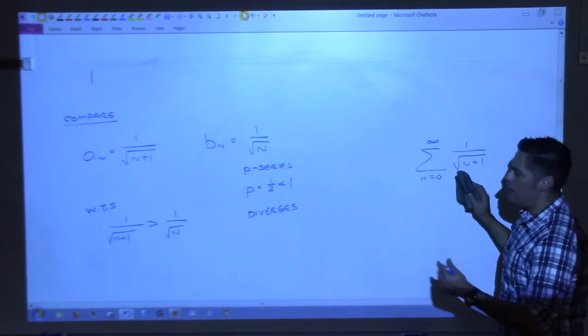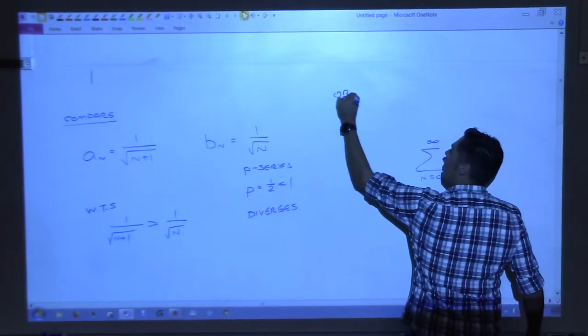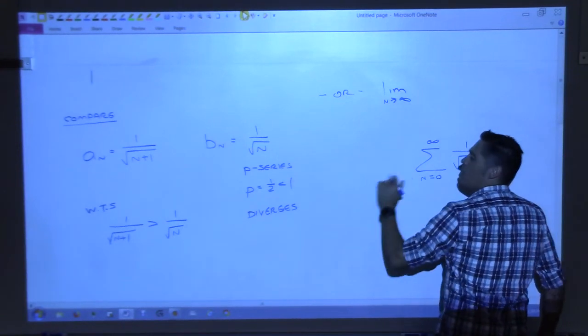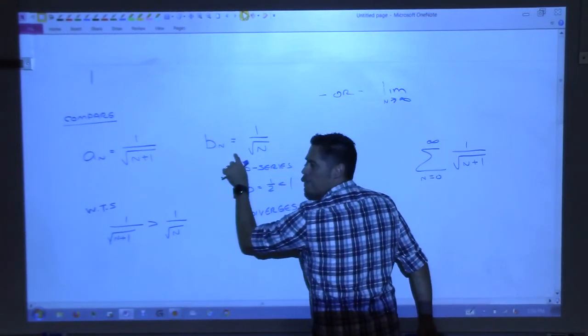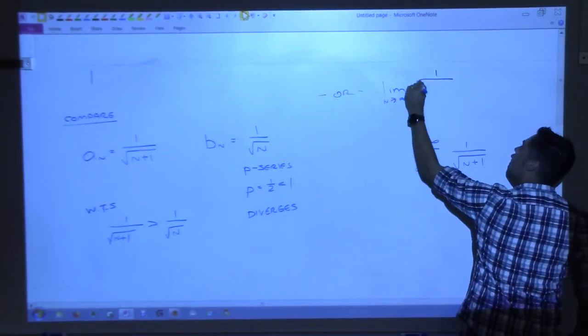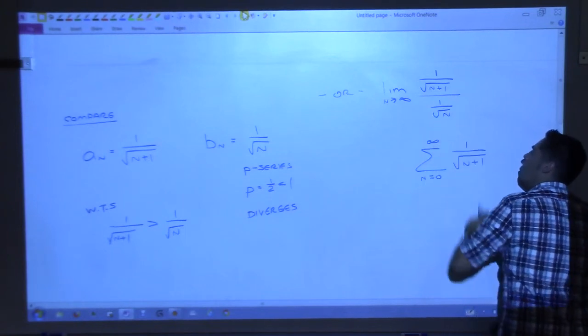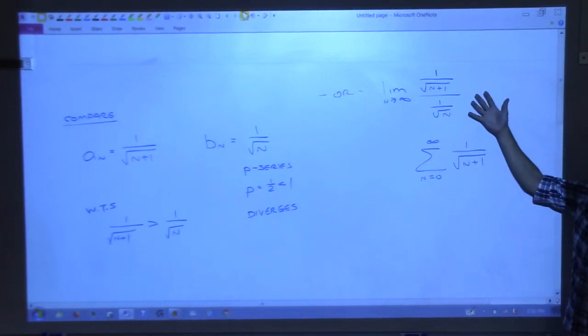Limit comparison. That would be another. So we could do the limit as n goes to infinity of this one over this one, so 1 over root n plus 1 over 1 over root n. And what would we be hoping to get when we take this limit?